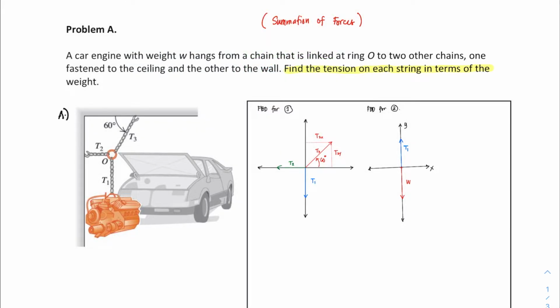Now, the guiding principle that I would like you to remember in this class, and this will be formally discussed in a separate discussion, is that whenever we take the summation of the forces, represented by that symbol over here, which means the sum of, the sum of the forces is equal to mass multiplied by the acceleration.